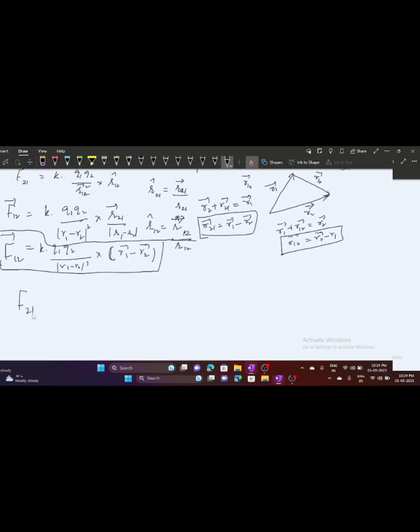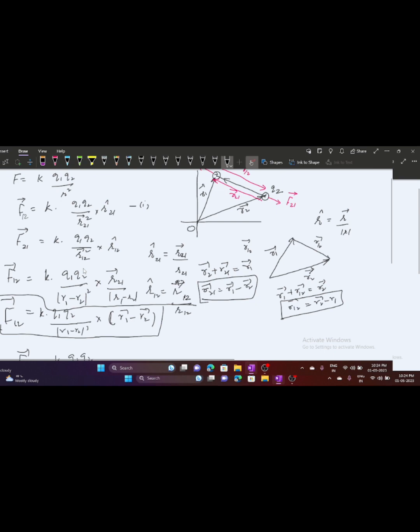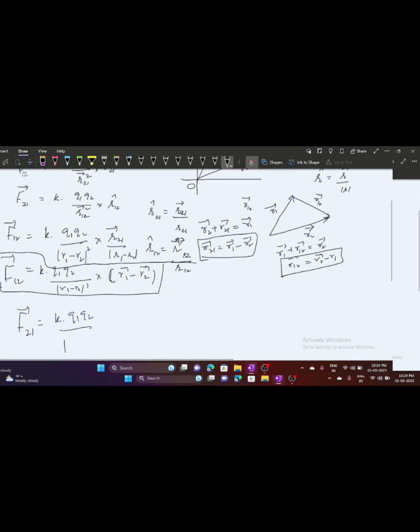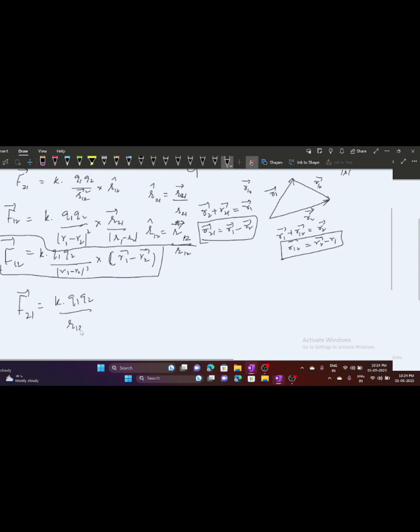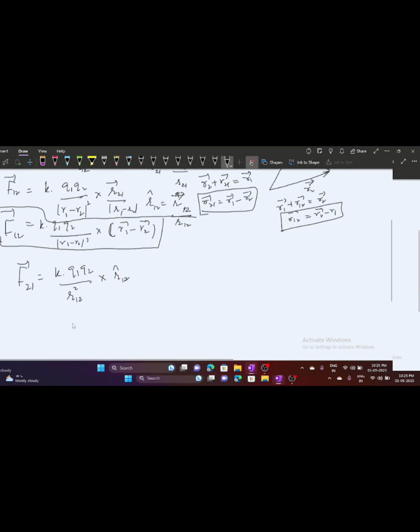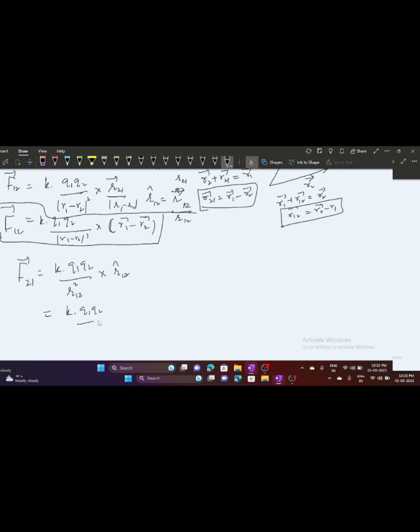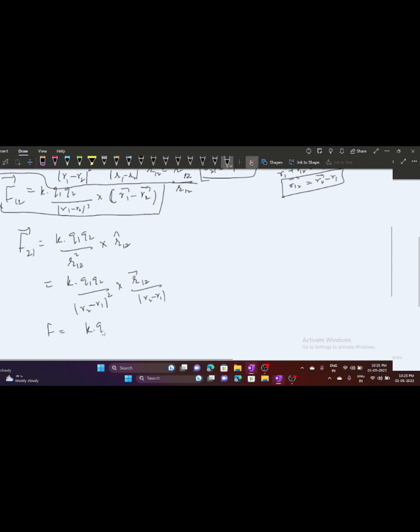In the same way, F21 is equal to K Q1 Q2 divided by R12 square multiplied by R12 cap. This is equal to K Q1 Q2 divided by the magnitude of R2 minus R1 squared, multiplied by vector R12 divided by the magnitude of R2 minus R1.